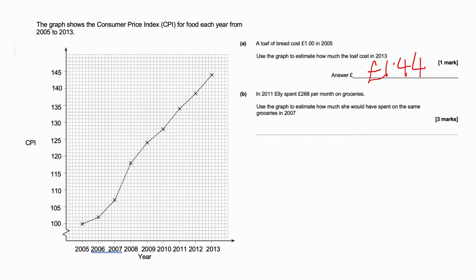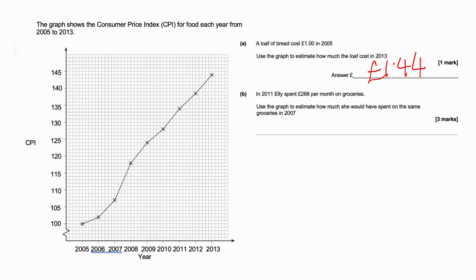The next one's a little bit more tricky. So in 2011, Ellie spent £268 per month on groceries. And we want to estimate how much she would have spent on the same groceries in 2007. So in 2011, the Consumer Price Index graph here shows us, I'm trying to see what it was, I think 134 in 2011.